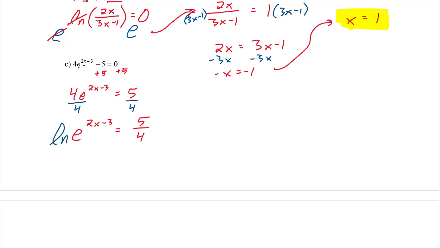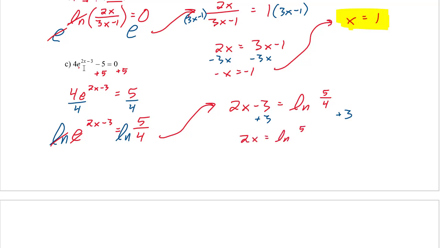And to cancel my exponential, introduce a natural log to both sides, which then gives me, since the natural log and the e cancel out, that should just leave the exponent, 2x minus 3, equals my natural log of 5/4. Add 3. Gives me 2x is equal to the natural log of 5/4 plus my 3.